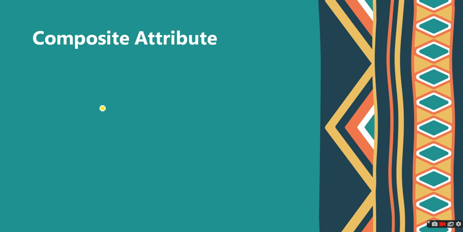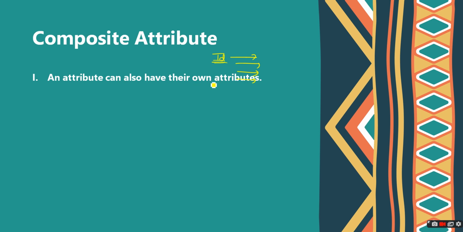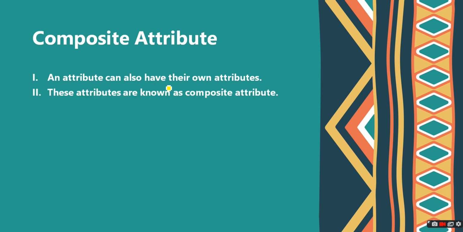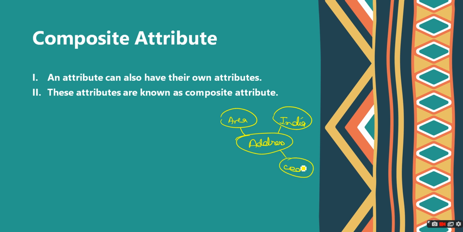Now what is a composite attribute? We have just seen that id is enough to identify each and every record, right? An attribute can also have its own attributes. Just take an example of address. An address has different attributes, like what area you live in, what country you live in, your area code, and your city name.